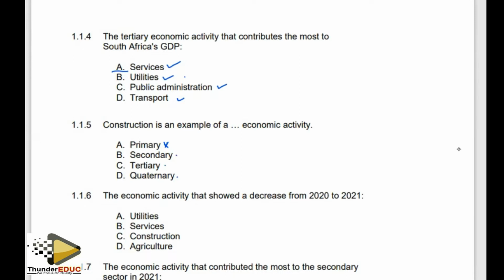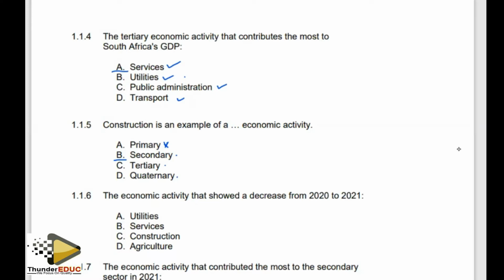However, the answer is going to be the secondary economic activity, because as you know, it involves putting up something new. It's like they are using raw materials like sand and water to construct a building. That's why we say it will fall under the secondary sector.